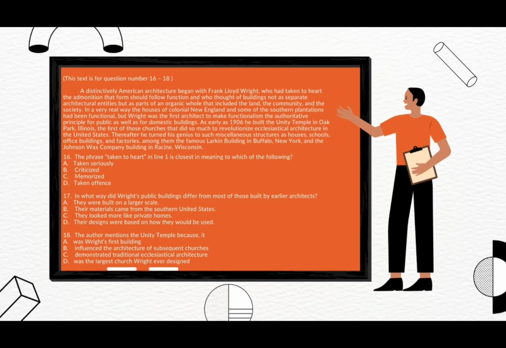C. They looked more like private homes. D. Their designs were based on how they would be used. 18. The author mentions the Unity Temple because it A. was Wright's first building. B. influenced the architecture of subsequent churches. C. demonstrated traditional ecclesiastical architecture. D. was the largest church Wright ever designed.